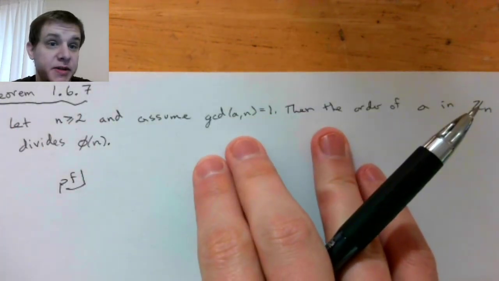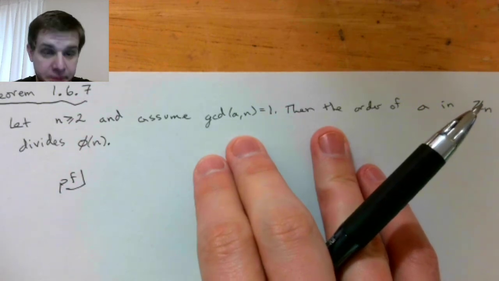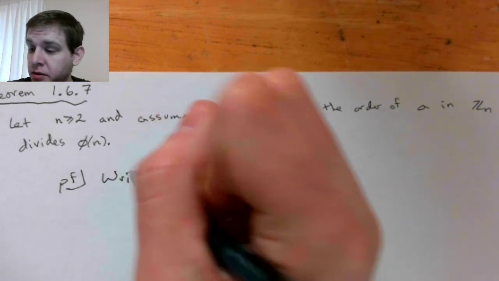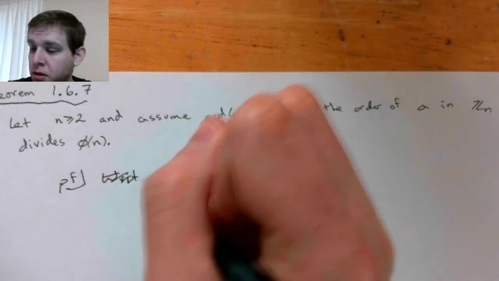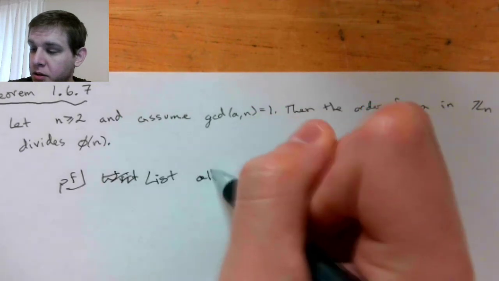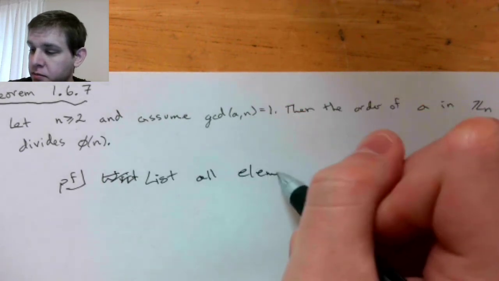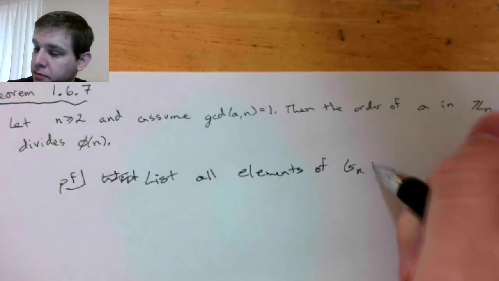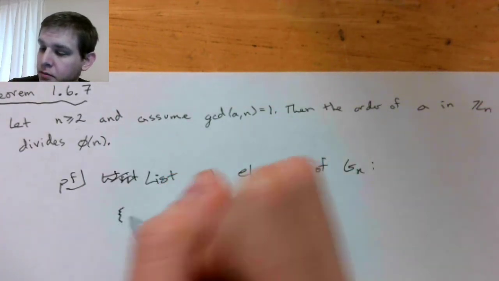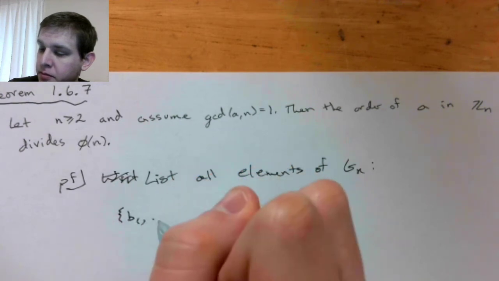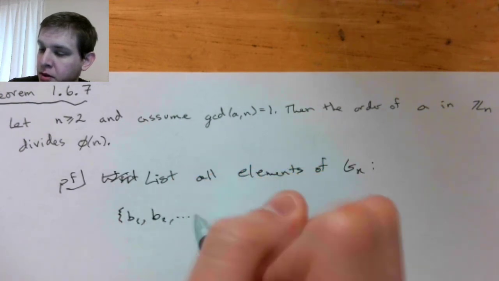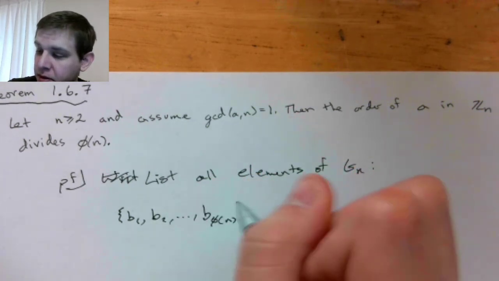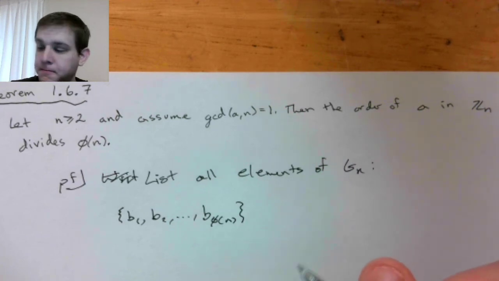So the proof is almost the same as it was before. So list all elements of Gn: b1, b2, and by definition, the number of elements in Gn is phi of n. The last index I get here is phi of n.